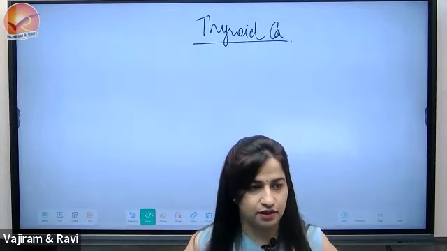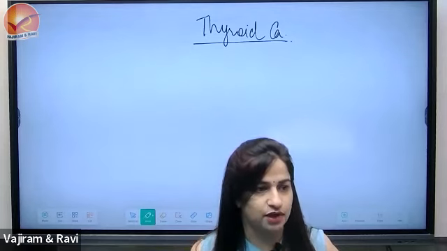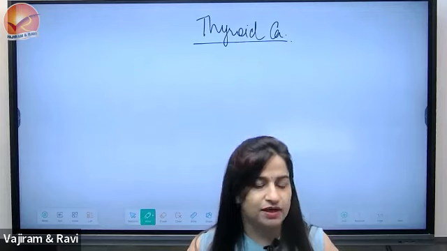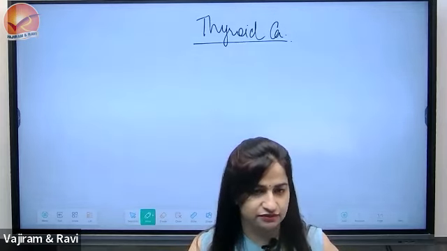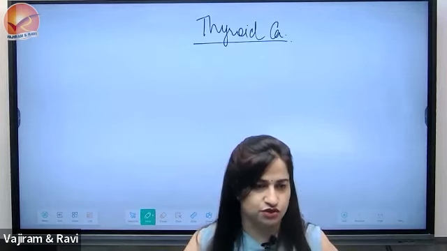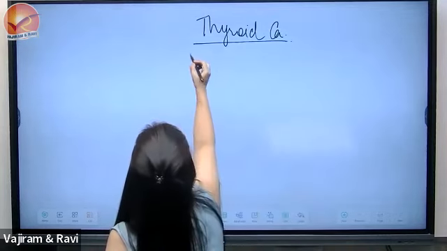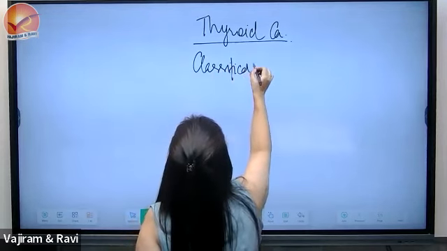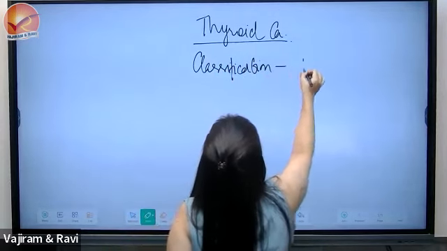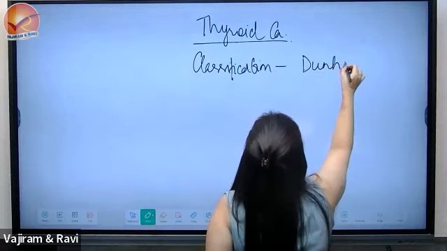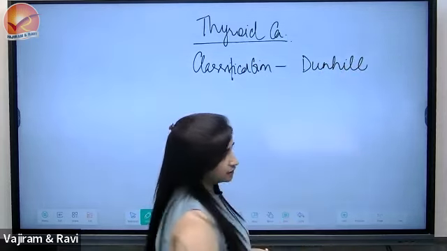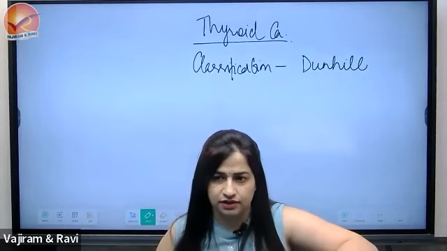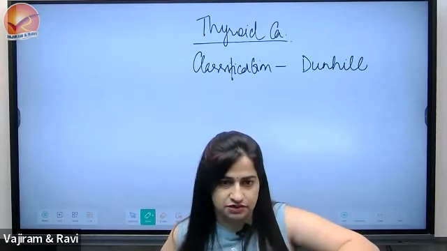Okay, you can write it down just in case they say classify or how will you elaborate. Even if a simple 2-mark question comes, that what are the thyroid carcinomas, sometimes with a 10 marks question they gave a small question also. So in those cases the classification, it is a Dunhill classification. It is not given in your Manipal. I think it is given in Bailey and Love.